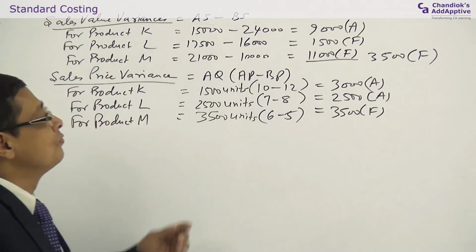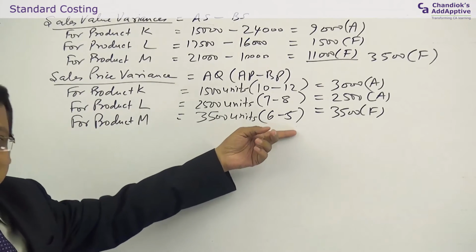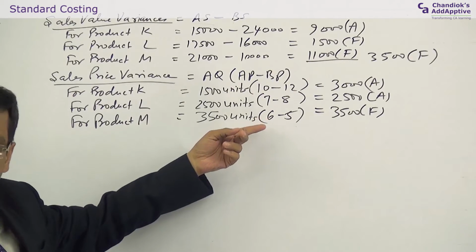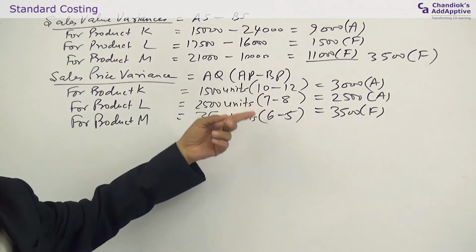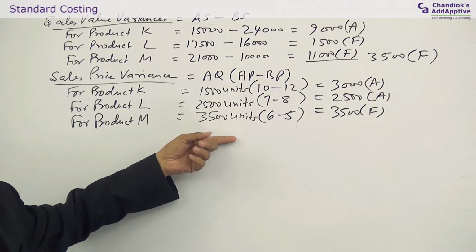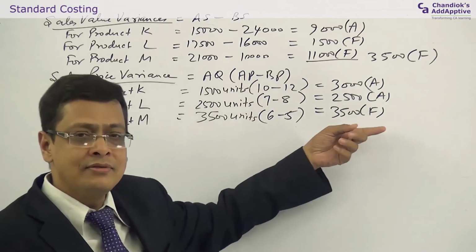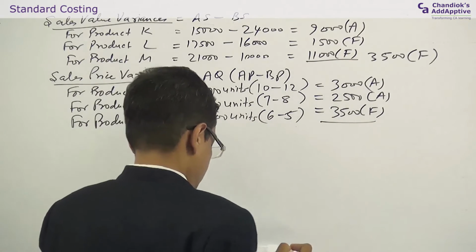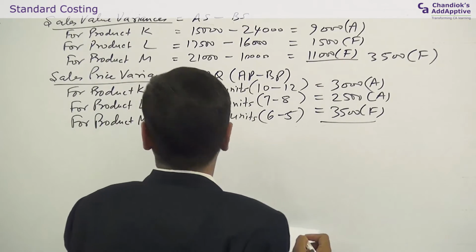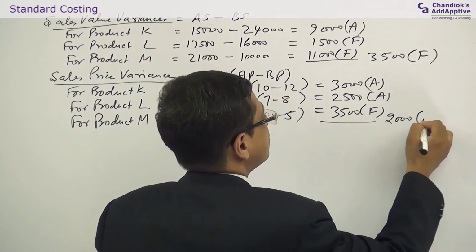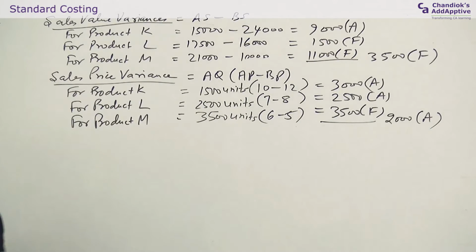Why favorable? Because the budgeted price was 5 and you have sold it for rupees 6. So, for every 1 rupee favorable, for corresponding 3,500 units, the value becomes 3,500 favorable. So, if you put them together, sales price variance becomes 2,000 adverse.